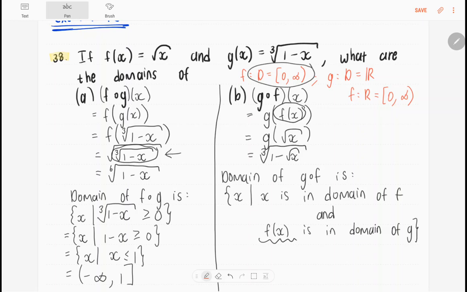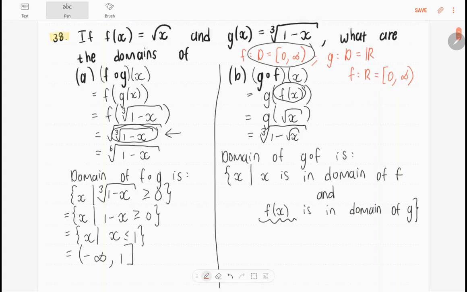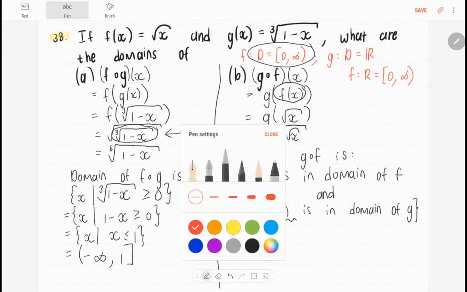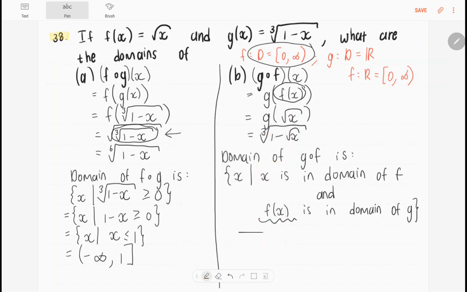Then we said that f of x has to be in the domain of G, which we said means that the range of f of x has to be in the domain of G. And the range of f of x is also from 0 to infinity, which is indeed in the domain of G, which is all real numbers. So our answer here is going to be the interval from 0 to infinity.